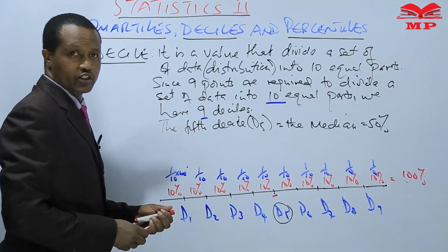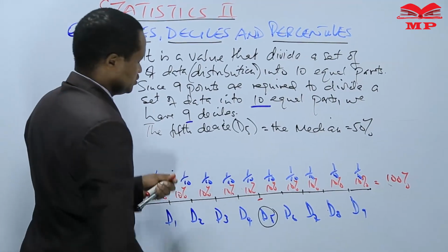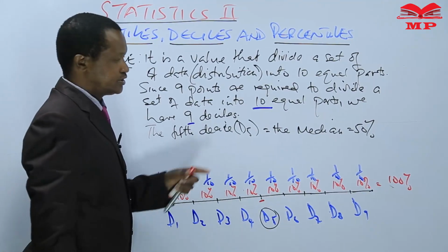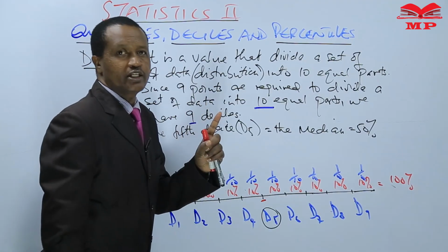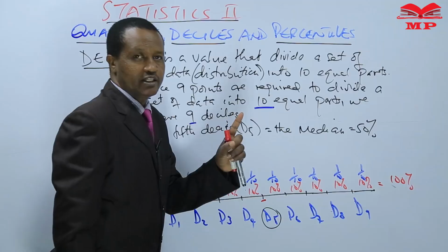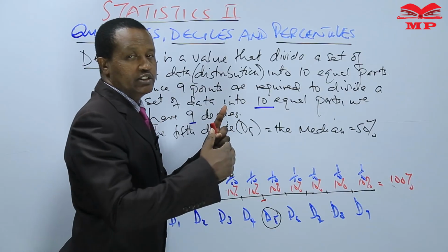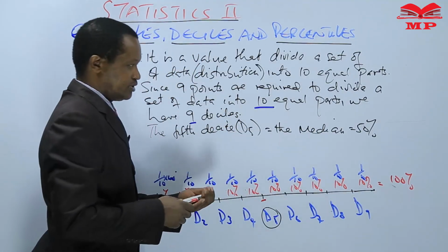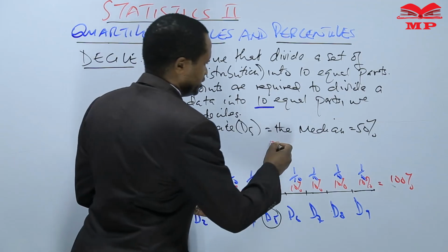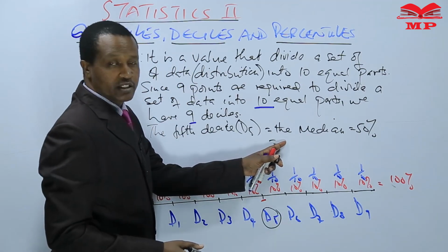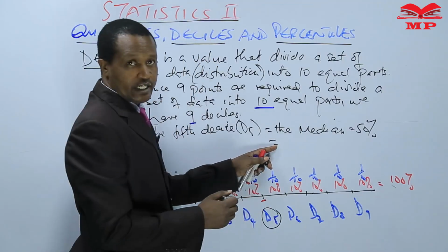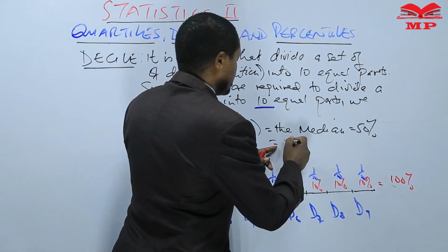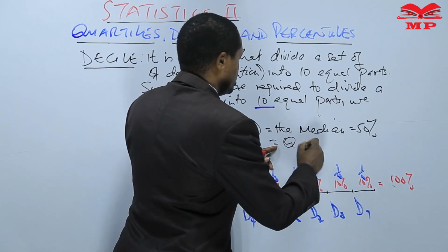Learners, I will also remind you that when we did the quartiles, we equated the second quartile to the median. Remember that's what we did. The median is equal to the second quartile, that is Q2.